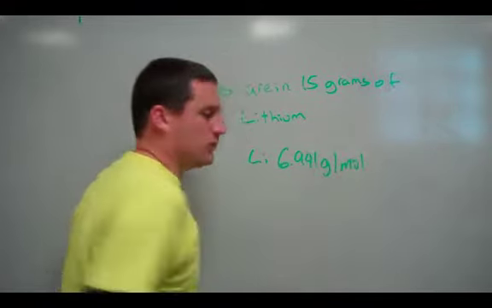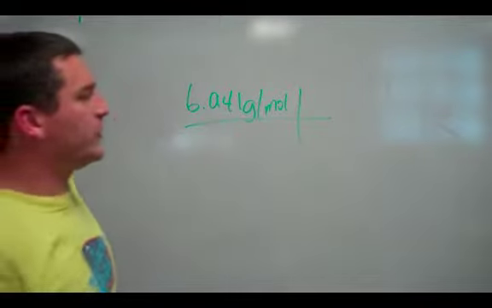So now here's where our quantitative analysis comes in. Quantitative analysis is just a fancy word for a one-to-one exchange. So if we want to figure out moles in 15 grams, we know that we have 6.941 grams per mole in 1 mole of lithium. So if we have 15 grams, what are we going to do to get this grams up here to cancel out?